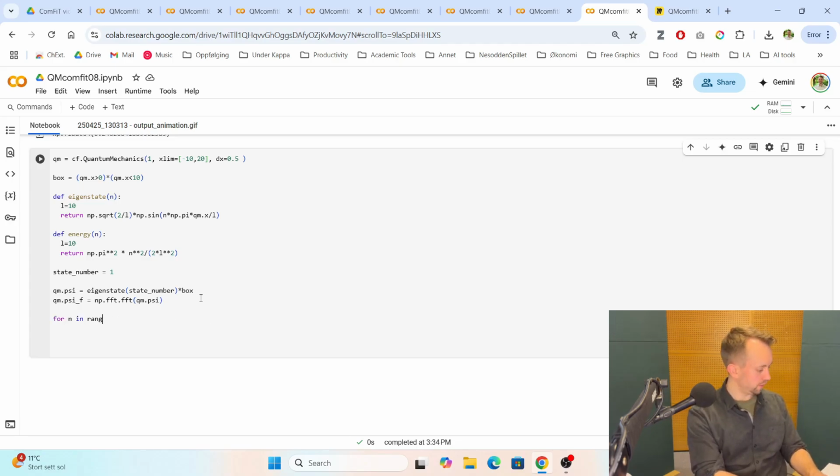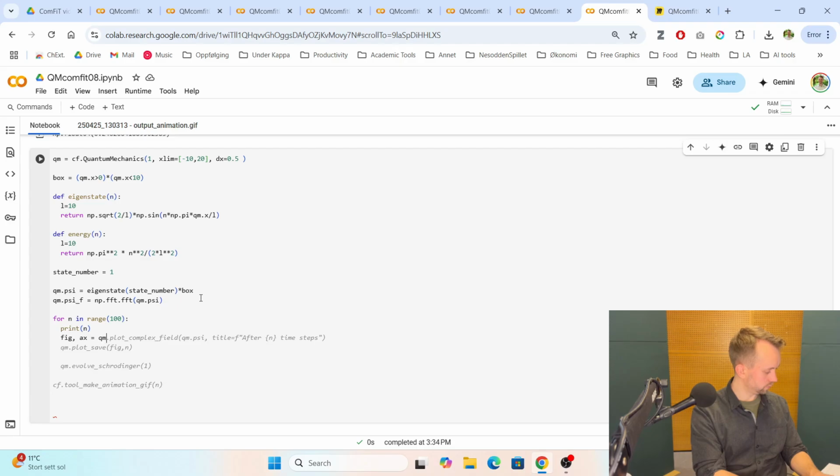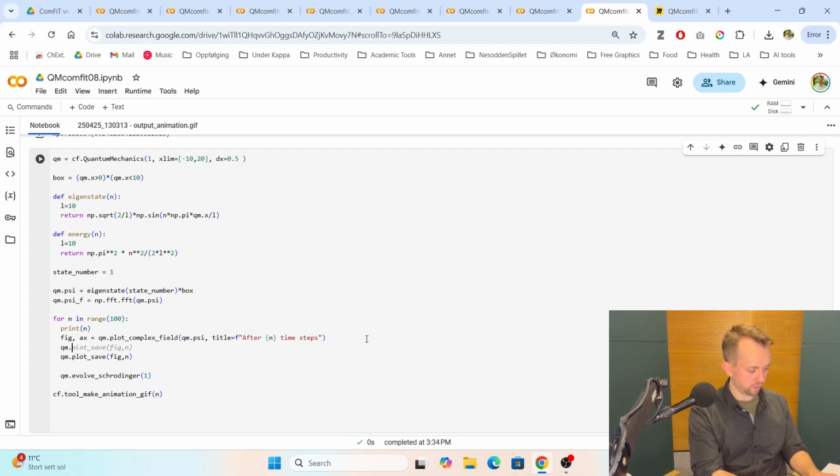So for n in range 100, we are going to print n just to watch it go. Fig x equal to qm.plot complex field. Exactly. We're going to save the figure. And I also want to show the potential.